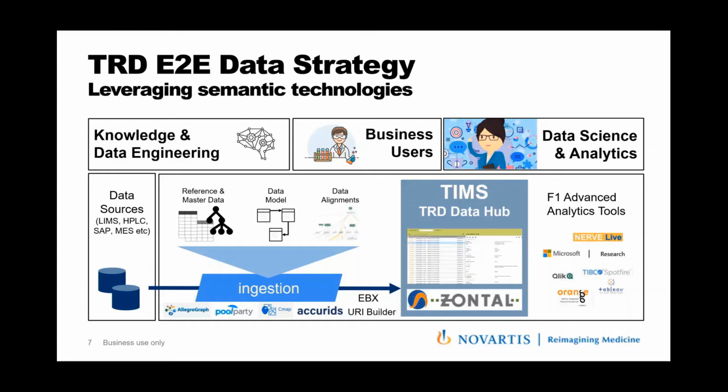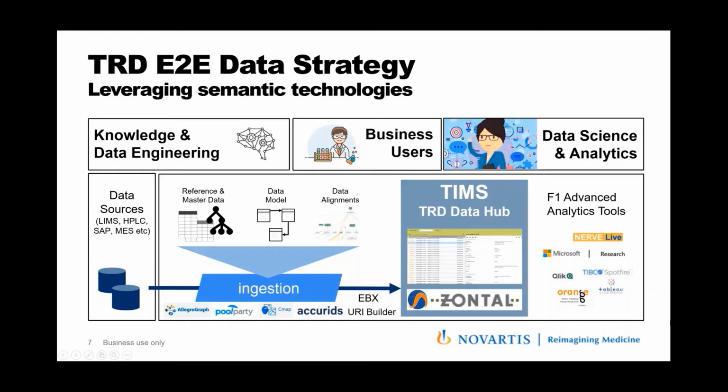So this was an important step to be fully corporate aligned in how we're applying the semantics. And then the data becomes available through the ZONTAL product, here what we call the TRD information management system.